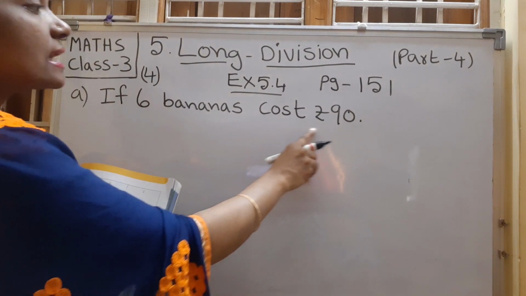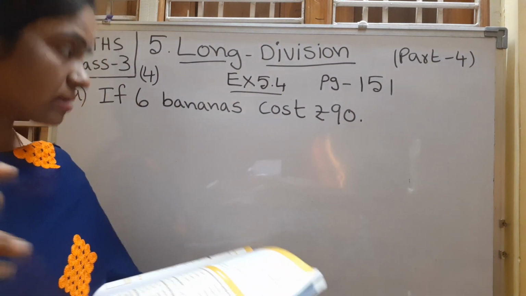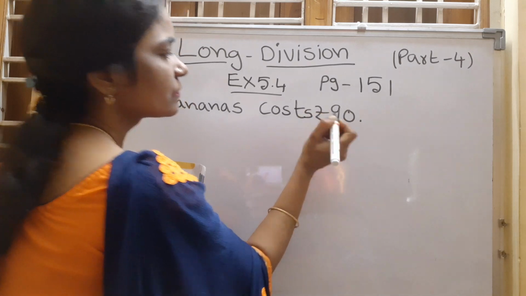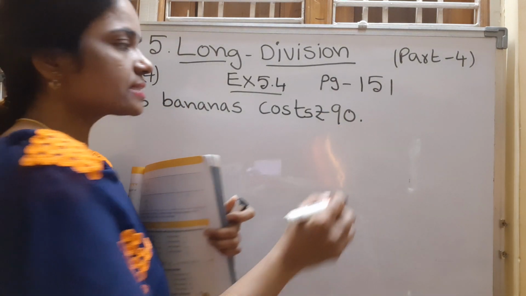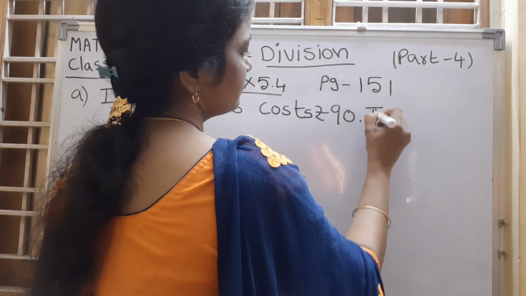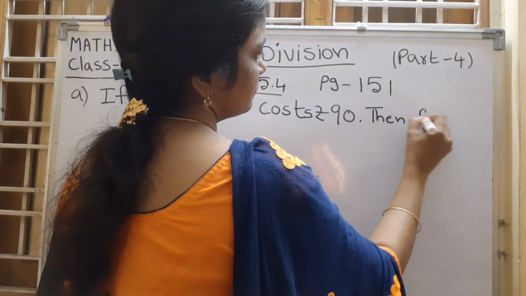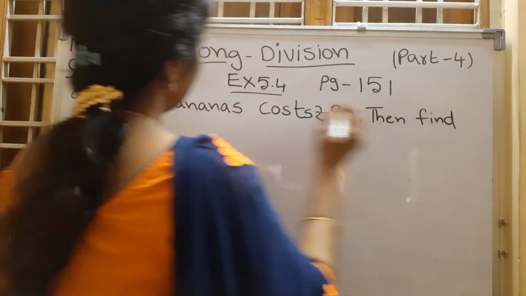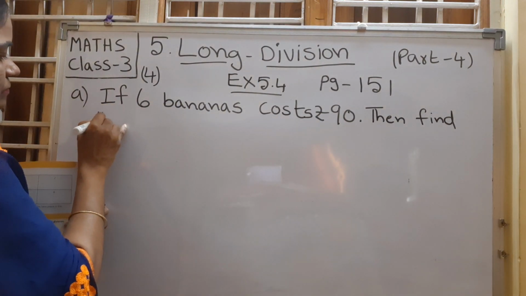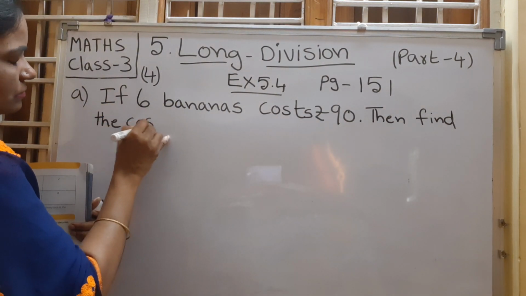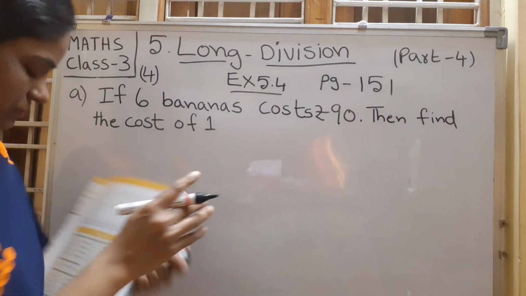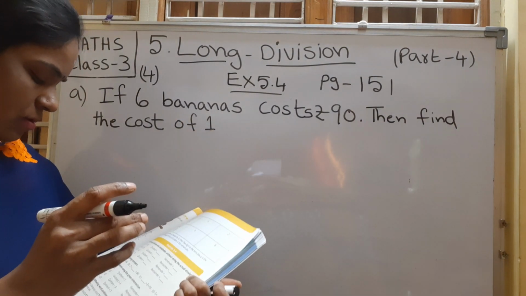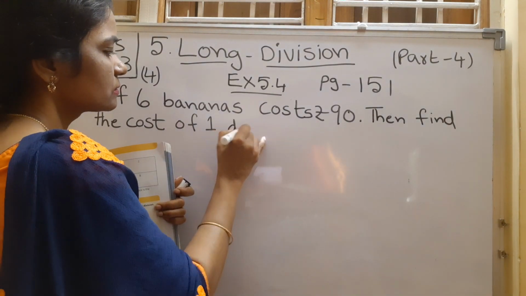If 6 dozen bananas cost 90 rupees, then find the cost of 1 dozen bananas.